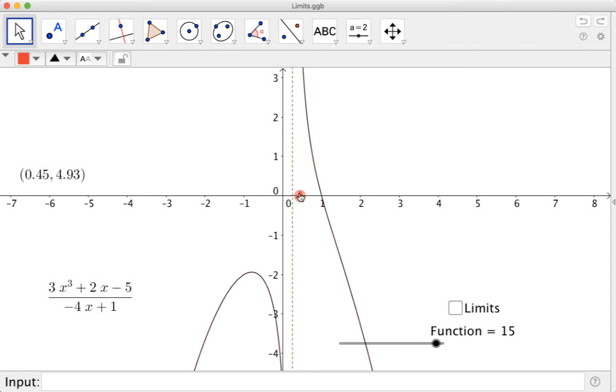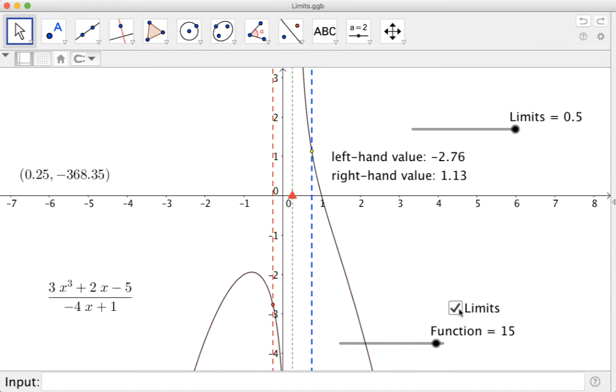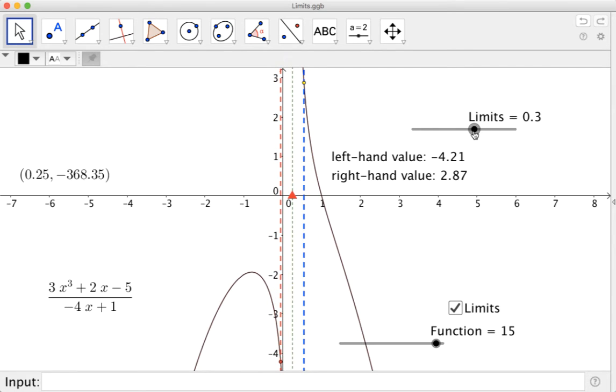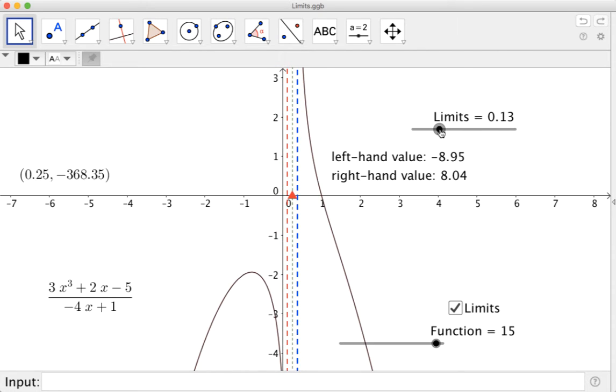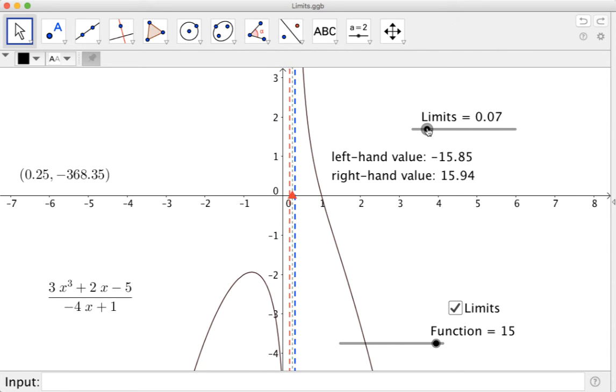If we position at 0.25 and look at our limits, the left-hand limit is approaching negative infinity. Our right-hand limit is approaching positive infinity, because the function veers in opposite directions on either side of this vertical line at x equals 0.25.